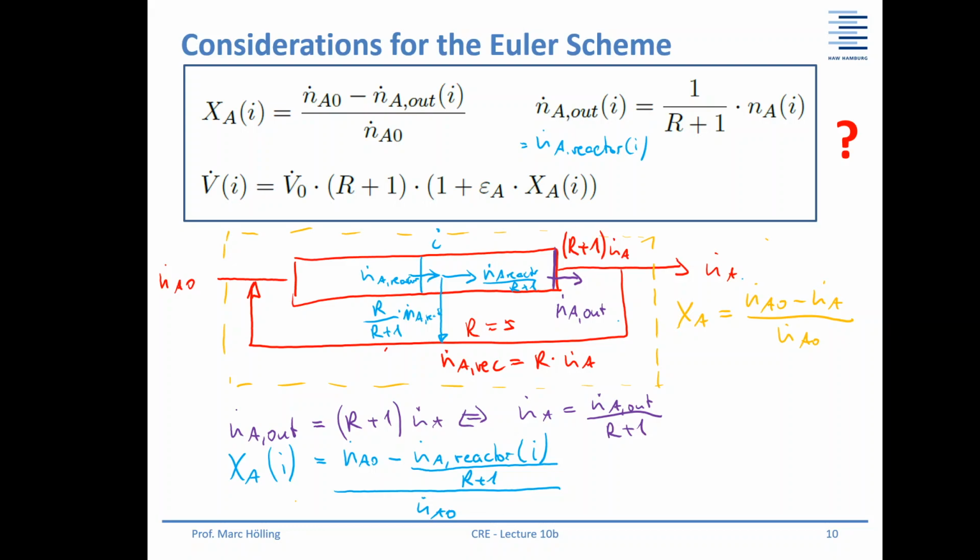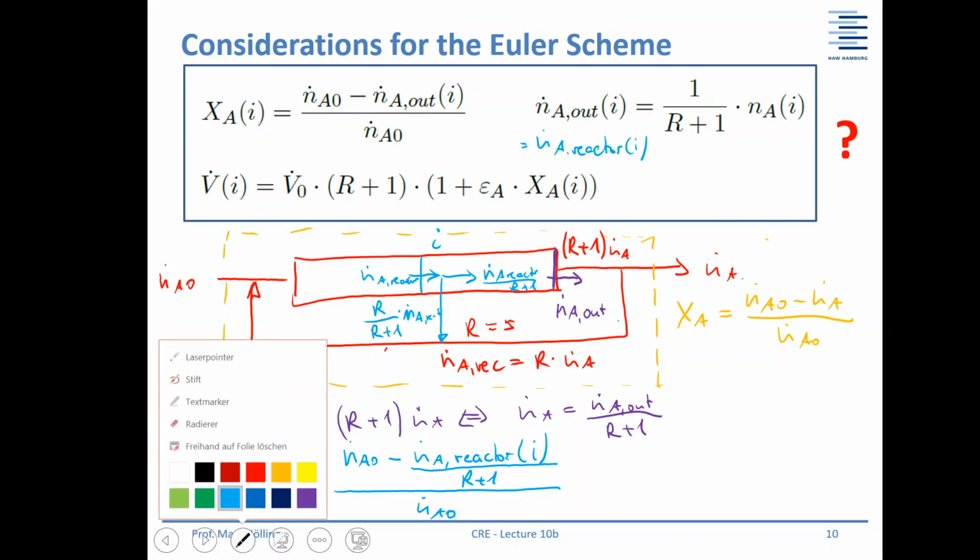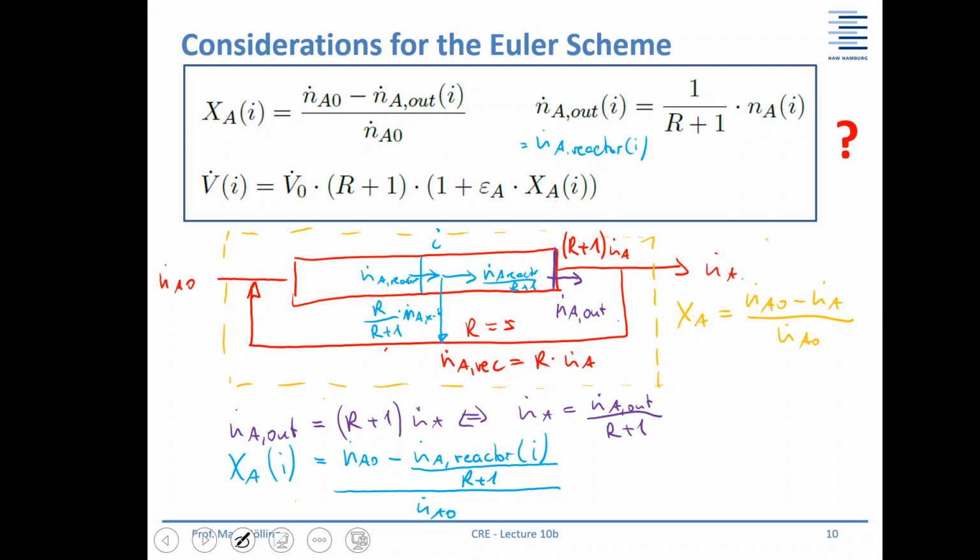Okay, so maybe just to give you an example, let's say this green one should be something like 5 or whatever. I skipped the units. So this should be 5, and here you have, for example, this should be 4 or whatever.